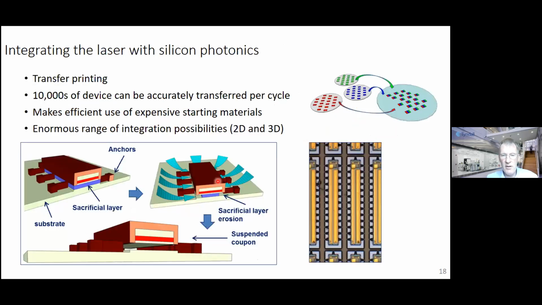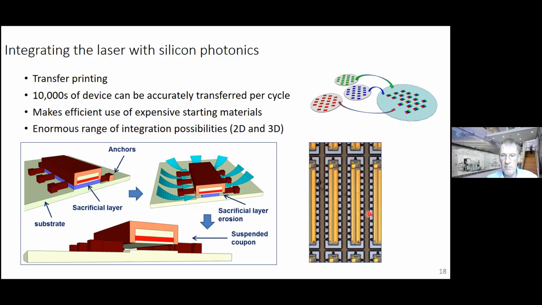Now, just to mention what we do at Tyndall, one of the areas that we work on is trying to integrate that laser, that light source, onto the silicon. And we're using a technology where we create essentially suspended devices. These are devices that can be grown on their starting indium phosphide substrate and then transferred to a silicon substrate.